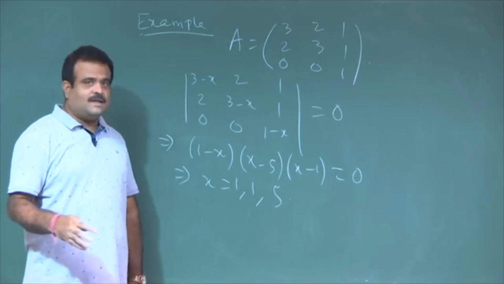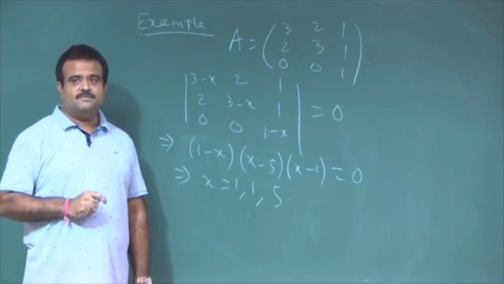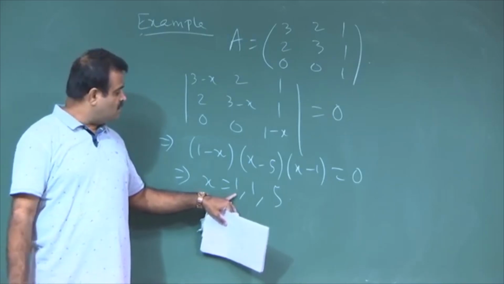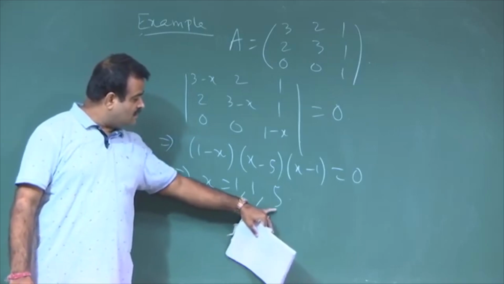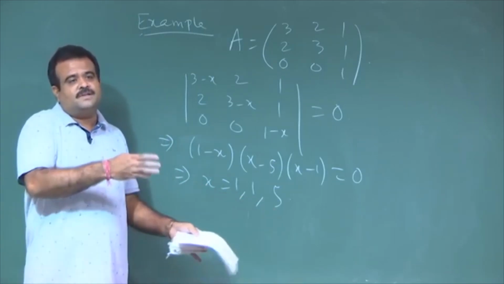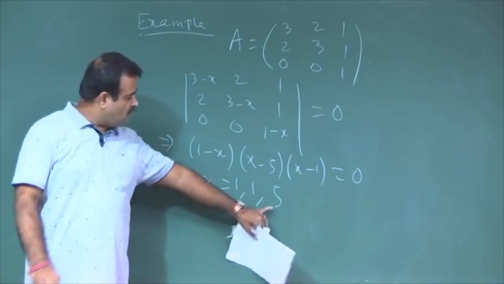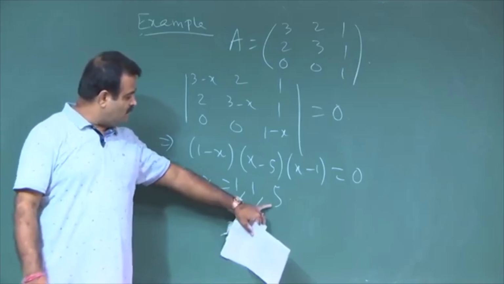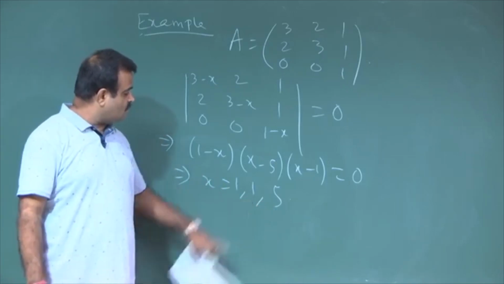Now we have to find their geometric multiplicity. If they are regular, that means the geometric multiplicity of 5 is 1, because the geometric multiplicity has to be at least 1. So, for 5 we have no issue, as we have an eigenvector. Now we have to check with 1.